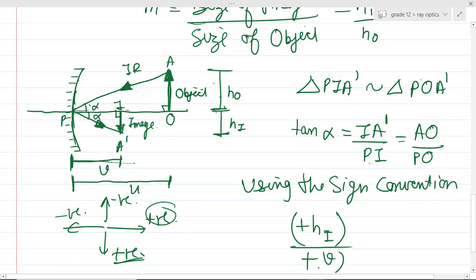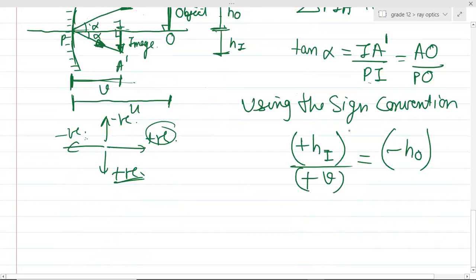So plus hi by v is equal to AO, the negative ho. I'm just following the convention which I have decided. Although you said, sir, take positive here, negative here, it doesn't matter. If your knowledge of conventions is clear, just like the way you used to do in vectors, then V will be plus.